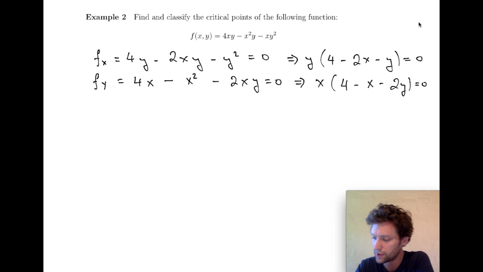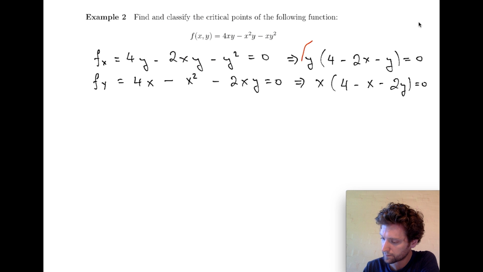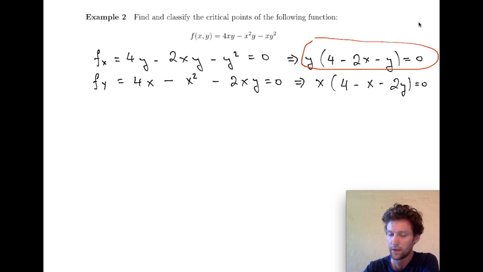Let's take a look at the first equation. I've got something times something equals 0: y times (4 minus 2x minus y) equals 0. Whenever I have something times something equals 0, at least one of those things must be 0.